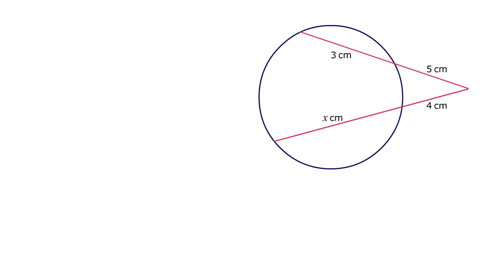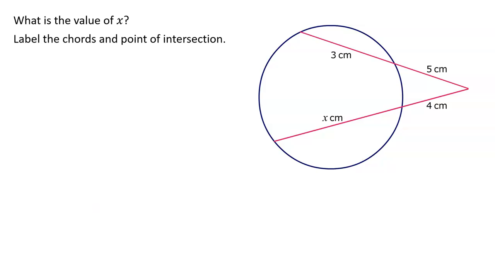Let's have a go at the intersecting chords theorem when the intersection is outside the circle. So I'm going to start by labelling. This means that I can make sure I get a letter P in every single part of my relationship.